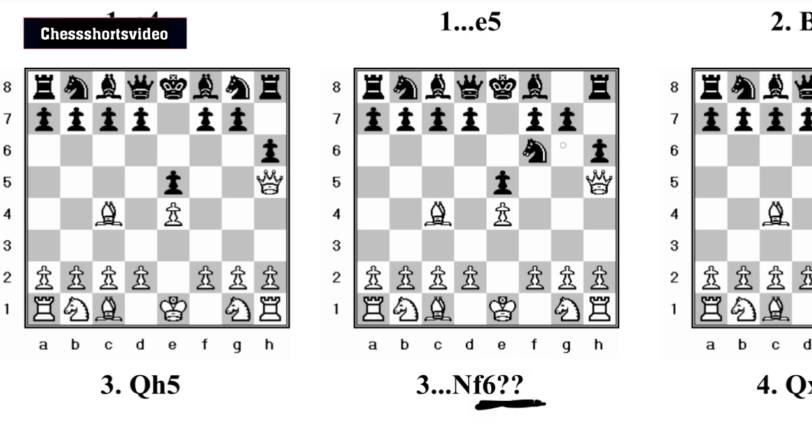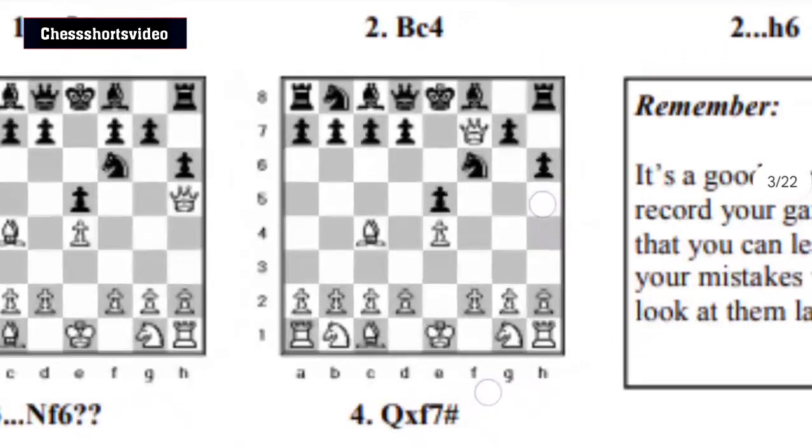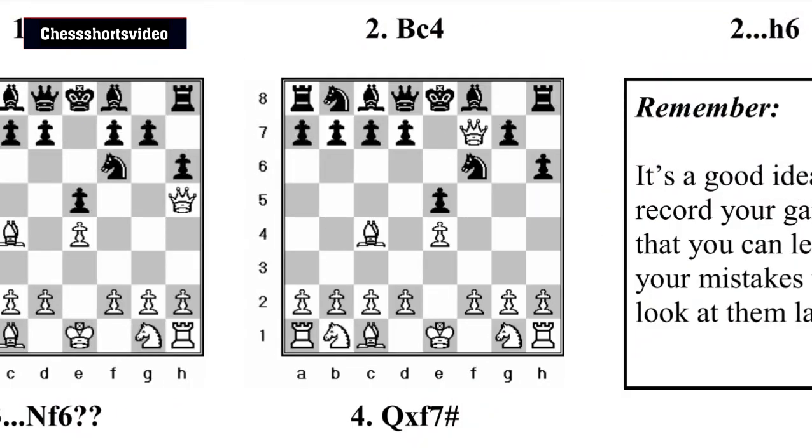So when your opponent plays Nf6, see this move, what it did: the knight jumped this piece. This is Nf6, which means the knight moves to the f6 square. Qxf7, what does it mean? Qxf7, and there is a hash.